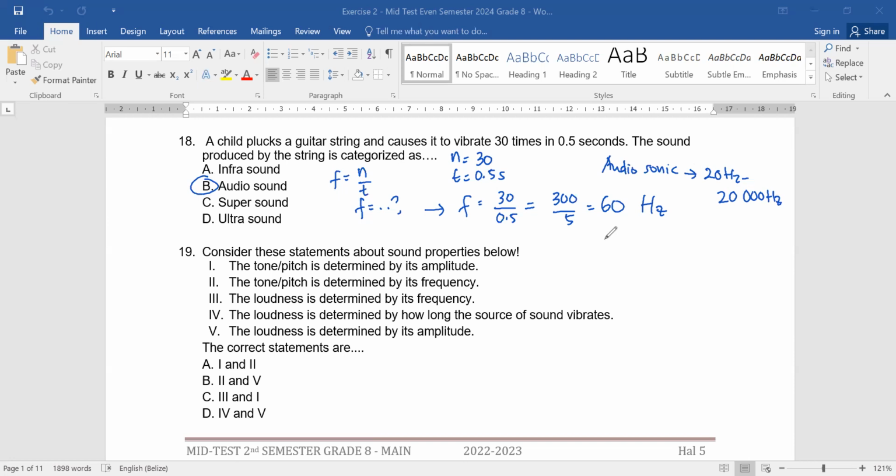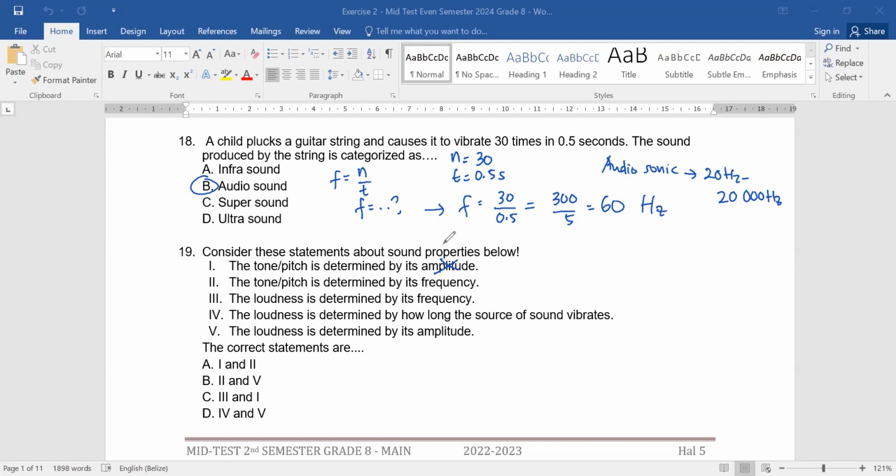Question number 19 is talking about some properties of sound, right? There are some statements there, and you need to find out which ones are correct. So first, the tone or pitch is determined by the amplitude. No, it's determined by the frequency.